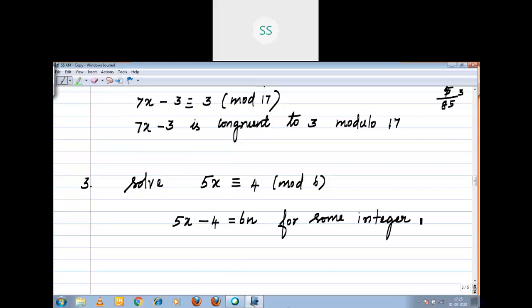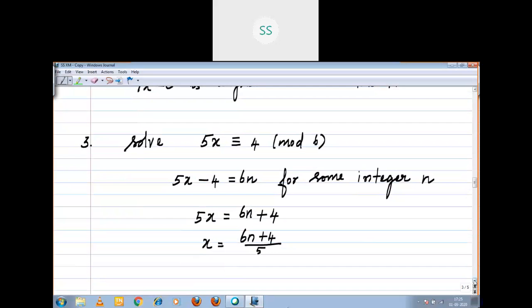Right? Next, 5x equal to 6n plus 4. Next, x is equal to (6n plus 4) divided by 5. Now you are going to assume the value.